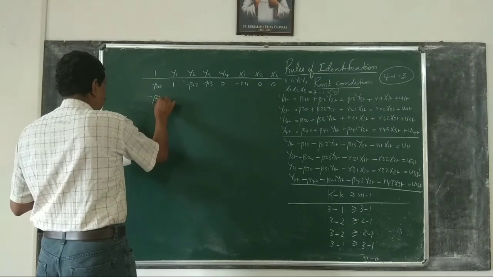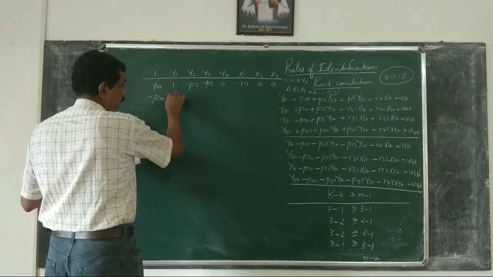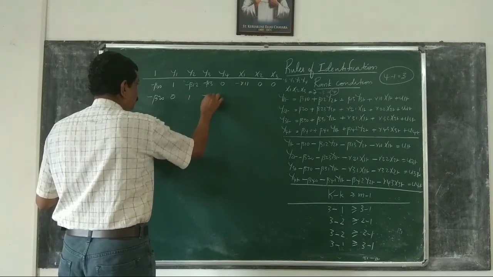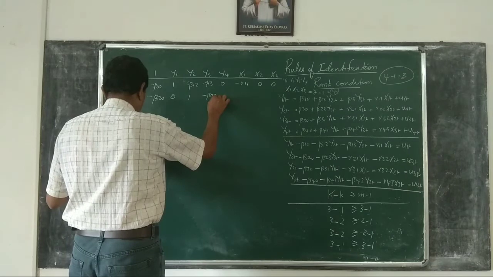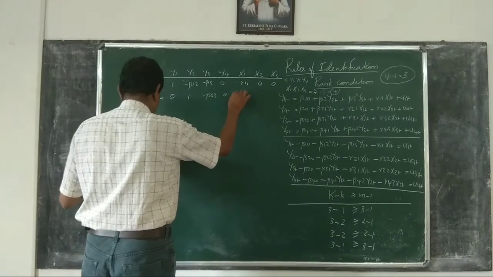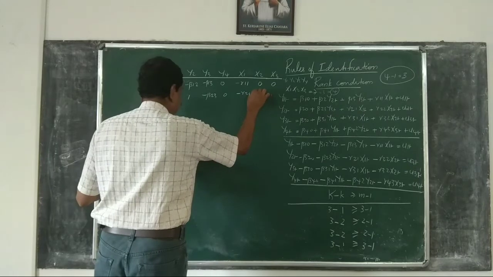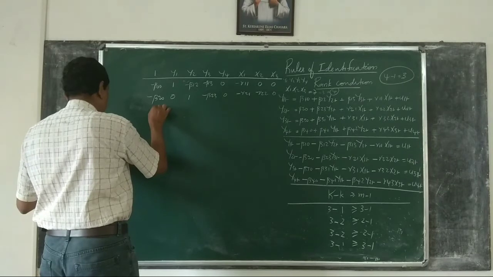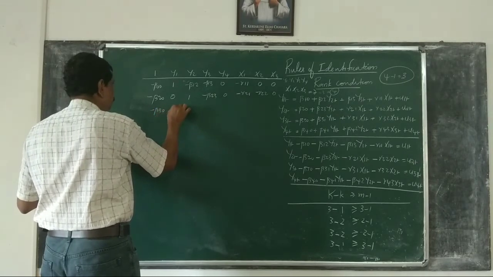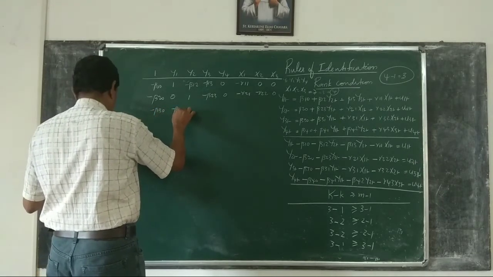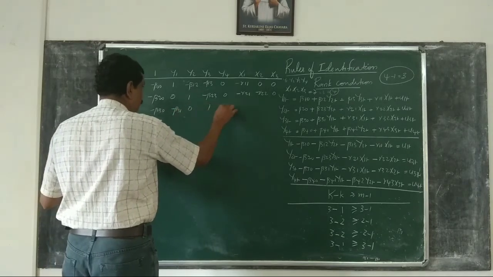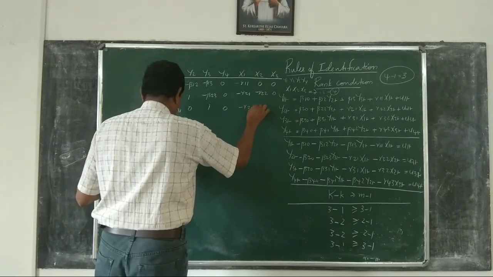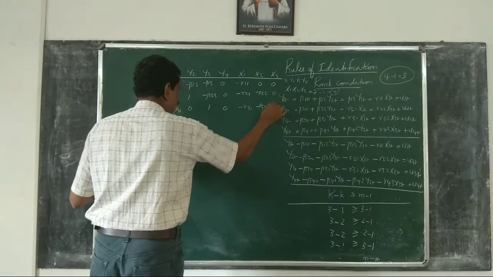Second equation: minus beta 20, y1 is absent in the second equation, 1, minus beta 23, 0, minus gamma 21, minus gamma 22, 0. Then the third equation: minus beta 30, minus beta 31, 0, 1, 0, minus gamma 31, minus gamma 32, 0.